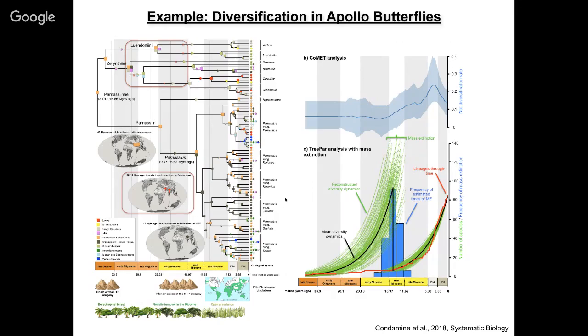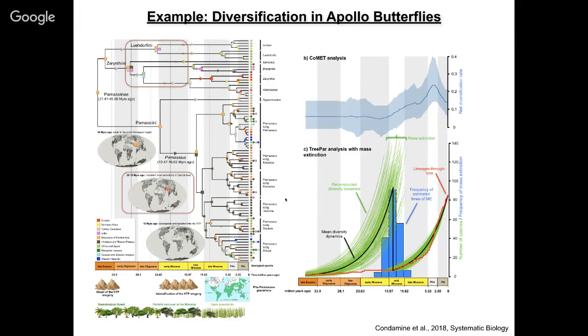On the right-hand side, we see two different R packages that we used for estimating how the diversification rates have changed over time. And here we really see that in the comet analysis that we did, there was quite an increase towards the Pliocene, towards the present, in the net diversification rate.